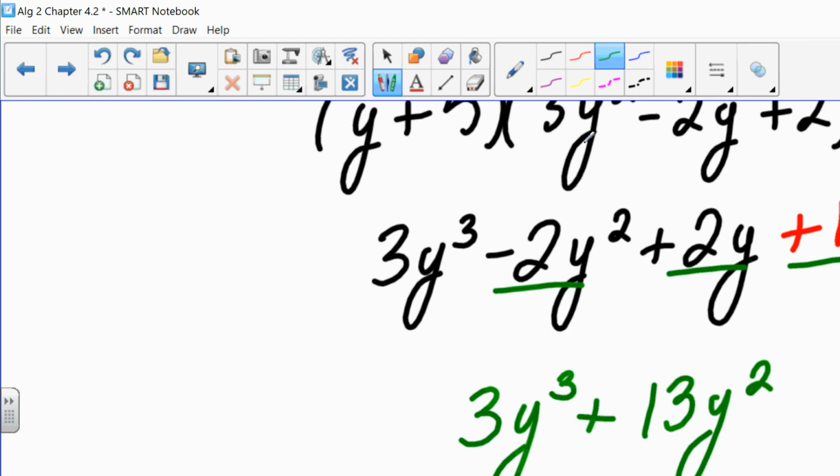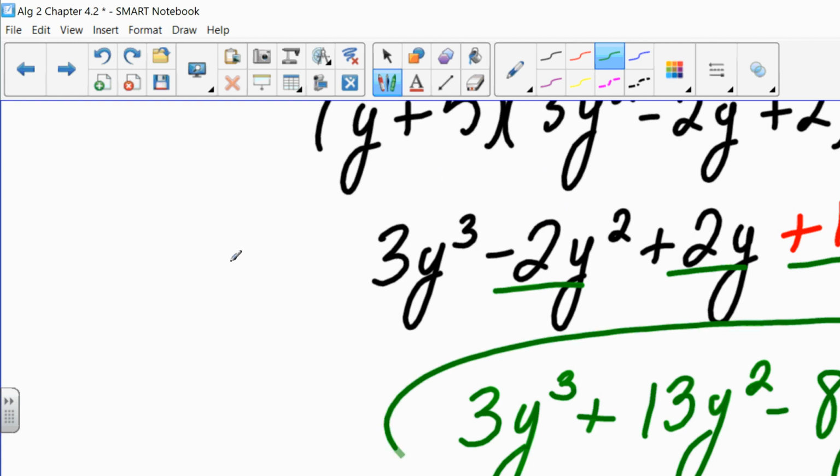Then we do have 2y and negative 10y, which is negative 8y. And lastly, we have plus 10. Y'all feel pretty familiar with horizontal? Because it's just our distributive property. And that's it.